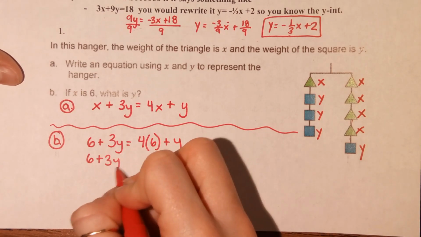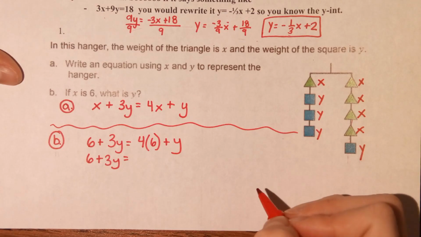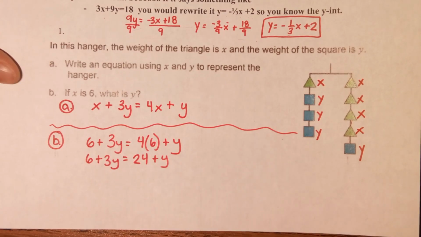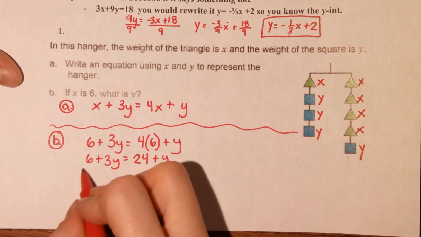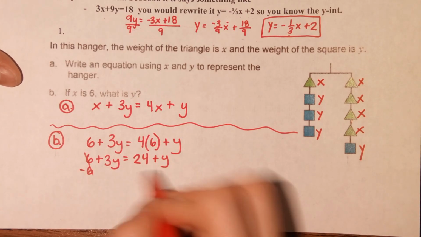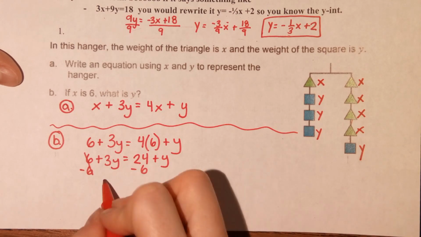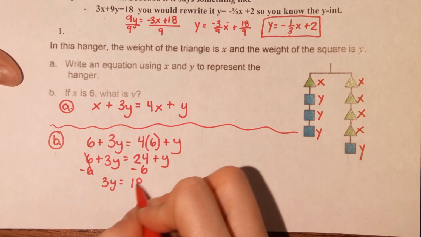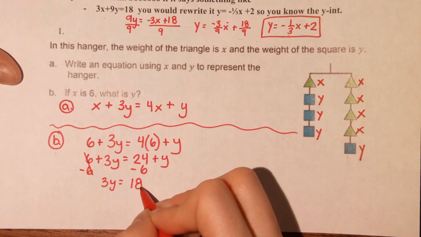What's 4 times 6? 24 plus our y. Now I'm going to combine like terms. So now I have 3y equals 18, because 24 minus 6 is 18, plus y.